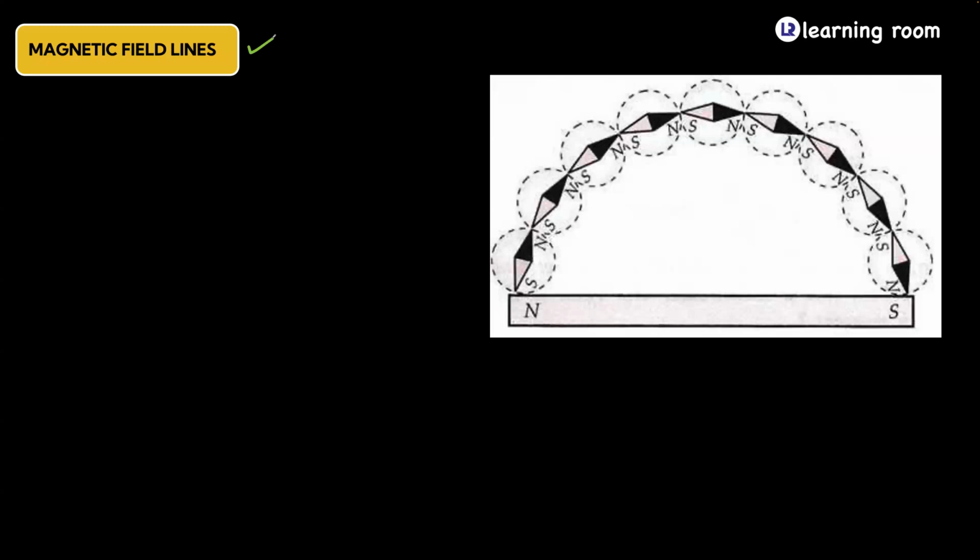I'll just come from the beginning. Listen to this. When you take a bar magnet, North Pole and the South Pole, you place a compass here. A compass has a magnetic needle. Now the magnetic needle will experience torque. The magnetic needle is a dipole, and the magnet has a field around it.